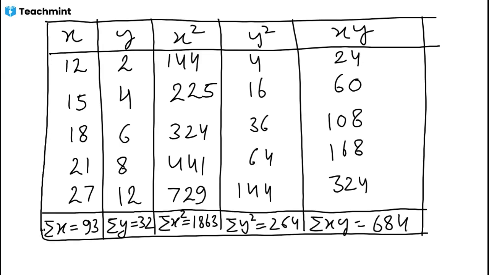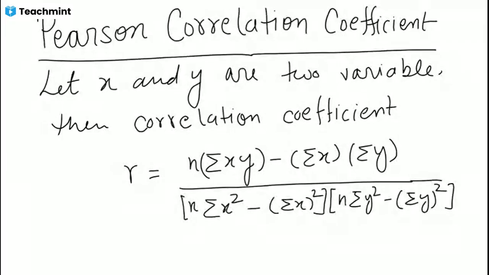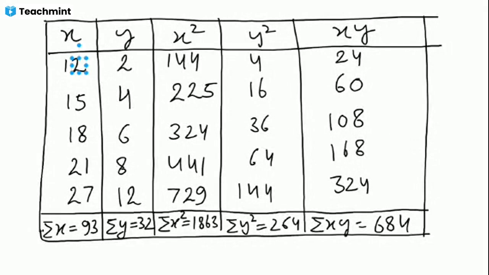Now we need to find the correlation coefficient using these values. Here n is equal to 5, since we have 5 values.